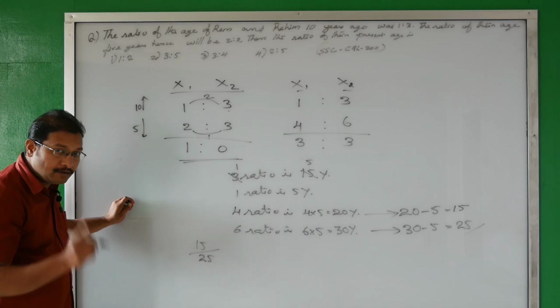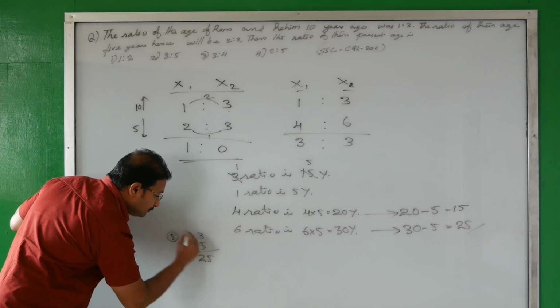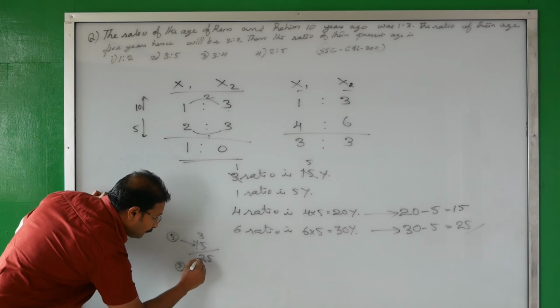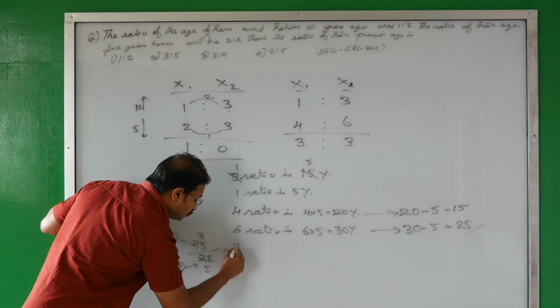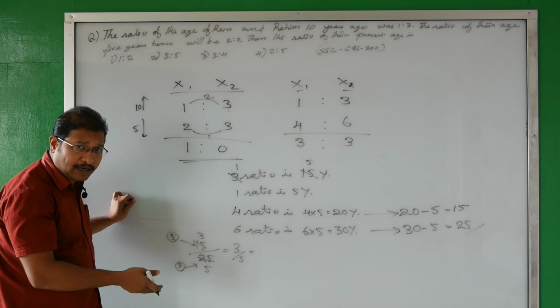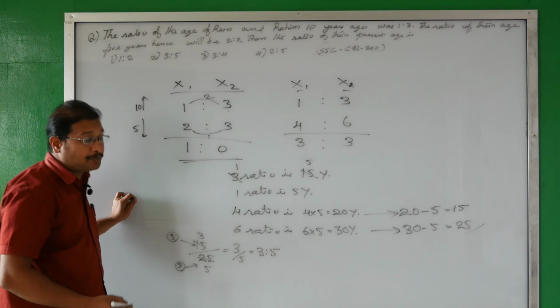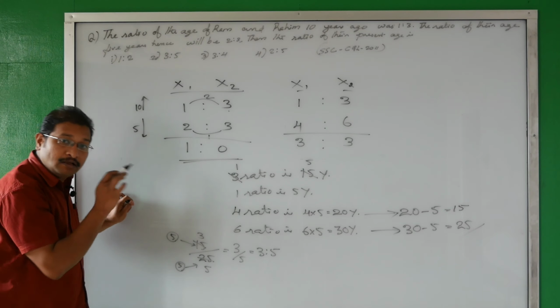We'll cancel by 5. 5 3s are 15. Here also we'll cancel by 5. 5 5s are 25. That means we are getting 3 by 5. Of course, you can write this as 3:5. 3:5 is the option. That means the second is the right answer.